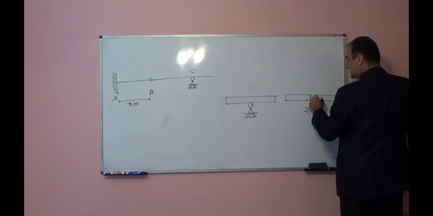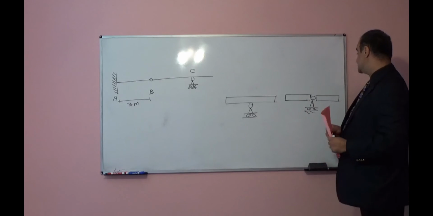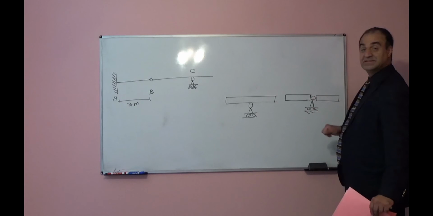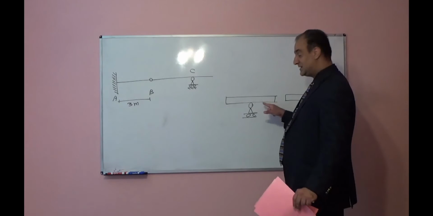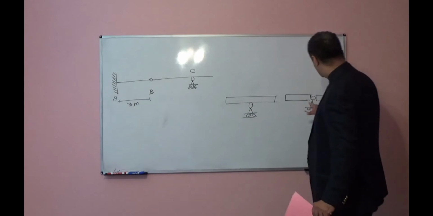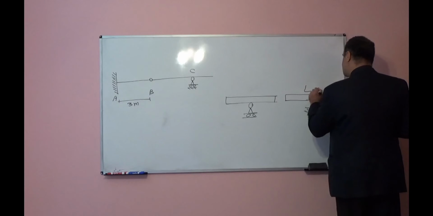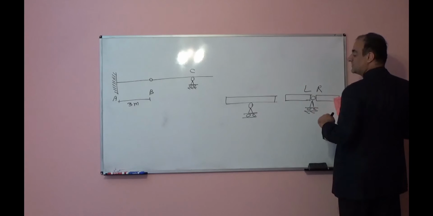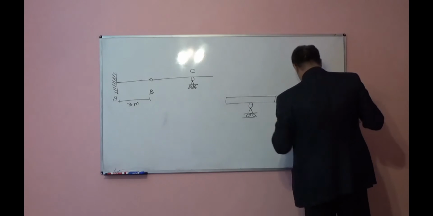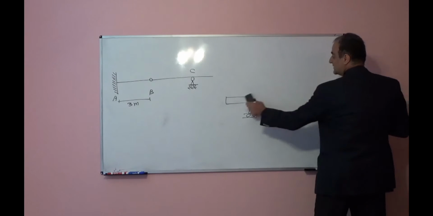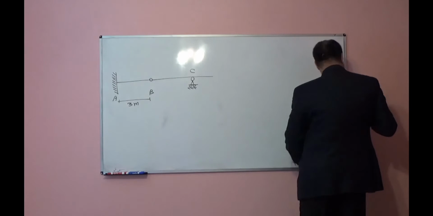Here, this hinge divides the beam into 2 pieces. Here the beam is continuous. Here we have internal moment. Here internal moment is 0 because left and right they can rotate separately. Here they cannot rotate separately. So pay attention to those details.